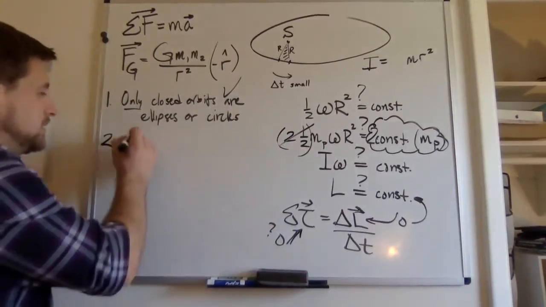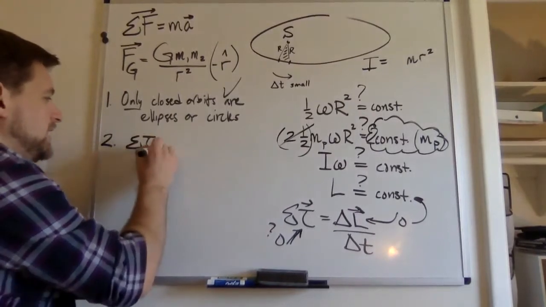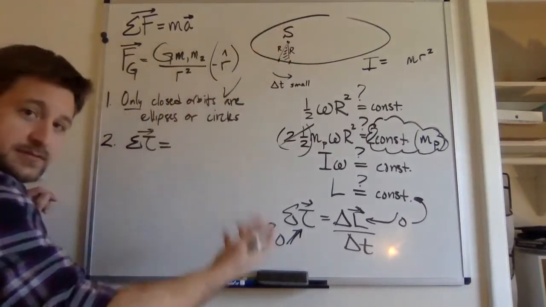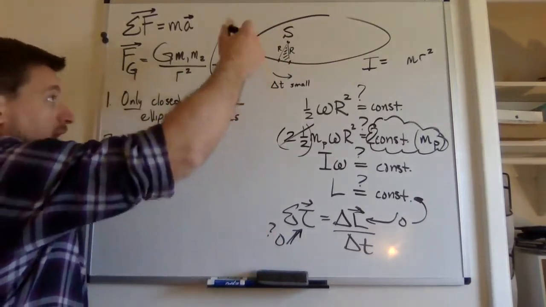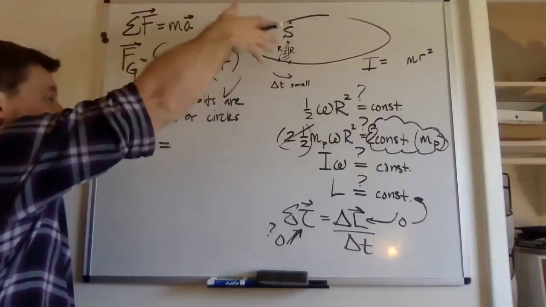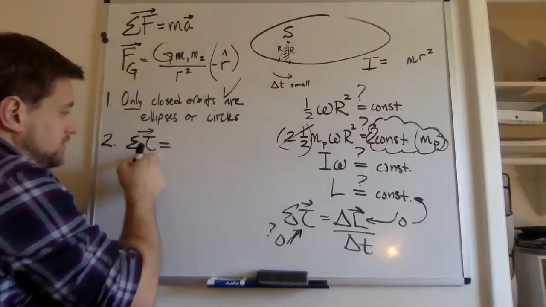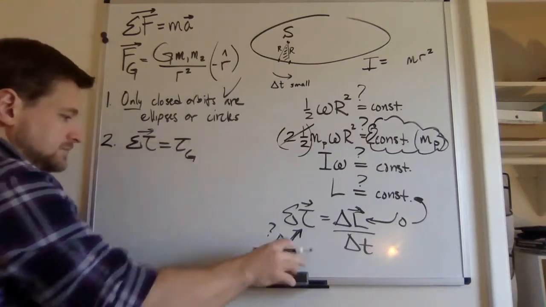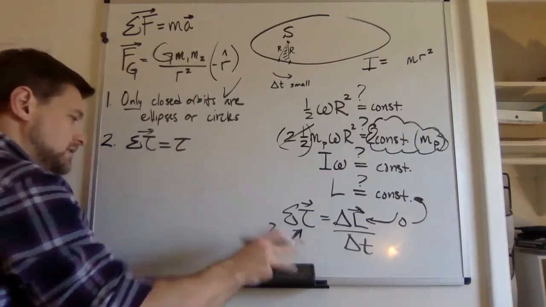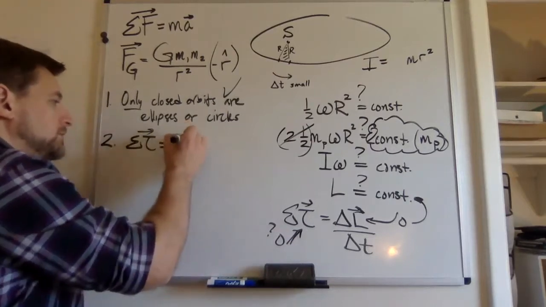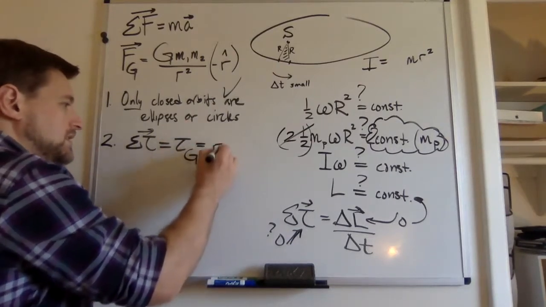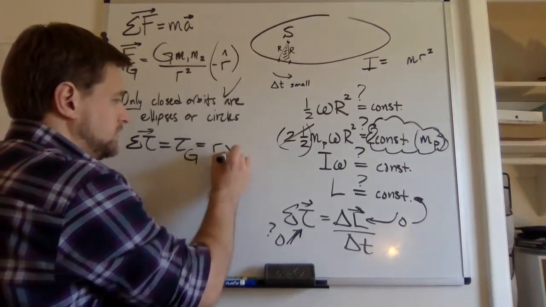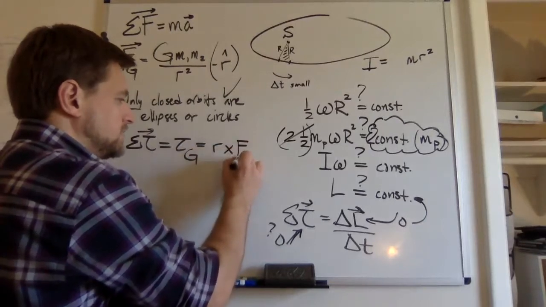What is the net torque on the planet? Well, there's only one force acting. It's gravitation. It's the gravitational attraction from the sun to the planet. So the net torque is the torque created by this gravitation thing. Which is the lever cross the force.